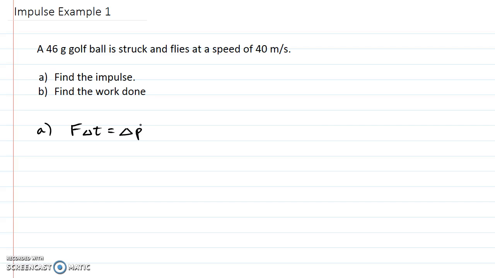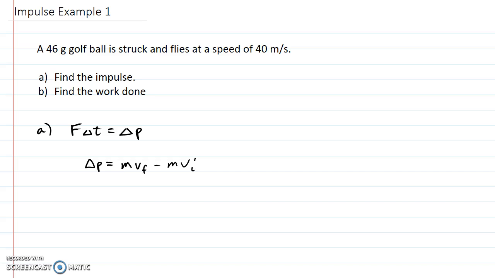Now, you could also think, since we're just looking for impulse, we could just look at the change in momentum. And another way to write this that can sometimes be useful is this. So we're going to take the momentum at the very beginning and compare it to the momentum at the very end.